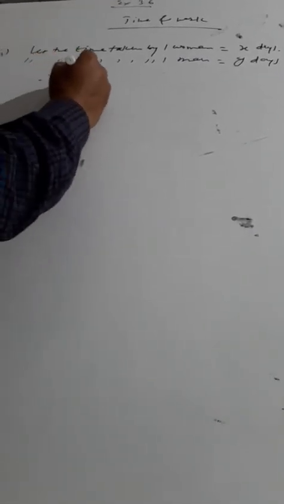As soon as you have assumed the time taken by one woman to finish the work is x days, therefore the woman's 1 day work. Immediately you have to shift to 1 day work. These are always the common steps. If she is finishing in x days, her 1 day work will be equal to 1 upon x. And the man's 1 day work will be equal to what? 1 upon y.